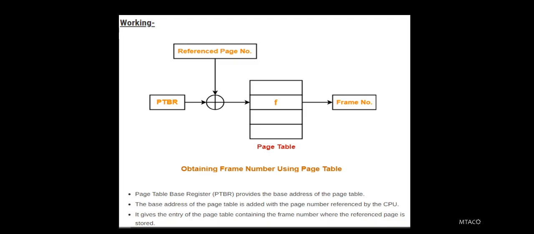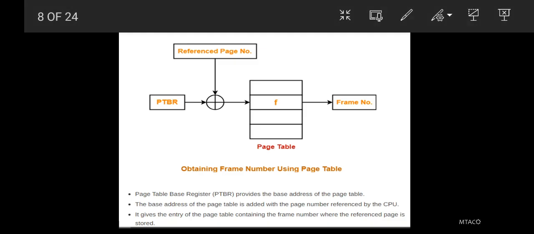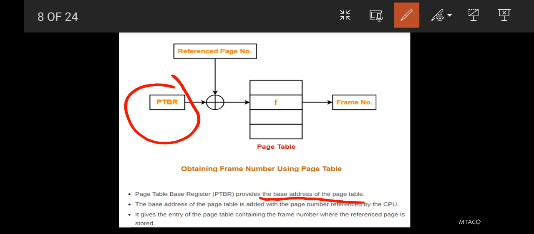Working with paging, or obtaining a frame number using the page table. As you can see in this diagram, your PTBR contains the base address of your page table. Your base address of the page table will be added with your reference page number. So it gives the entry of your page table.